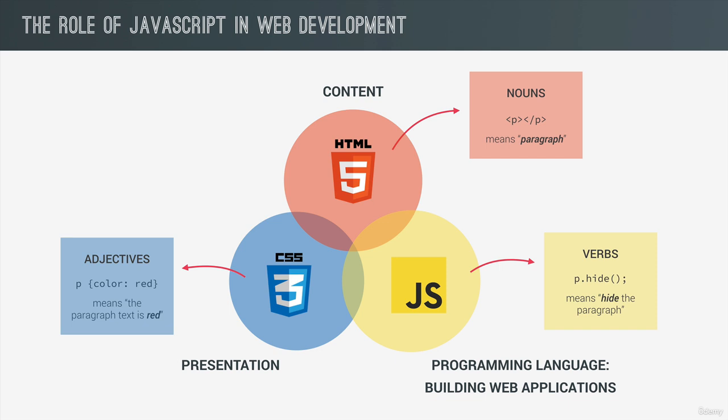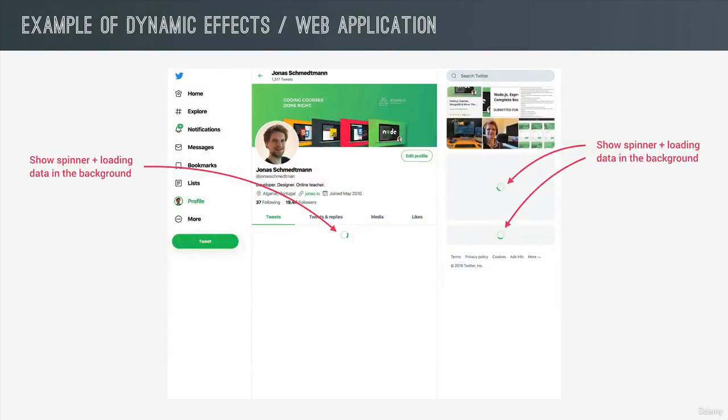Now, since we've been talking a lot about dynamic effects and web applications here, let's now take a look at a real example to make it even more clear what JavaScript is capable of. And so this is the Twitter web application on twitter.com. And there is a lot happening as we open a profile page like this one. And so I thought that this was a very cool example.